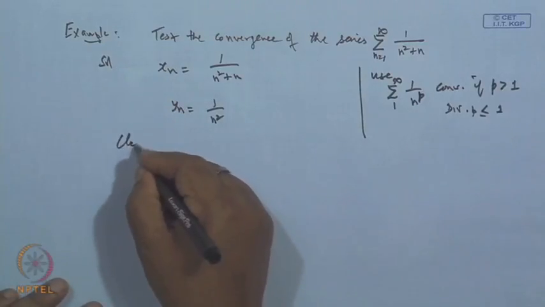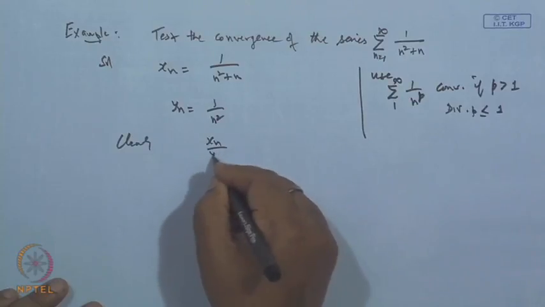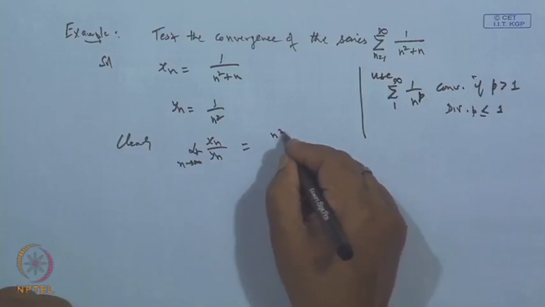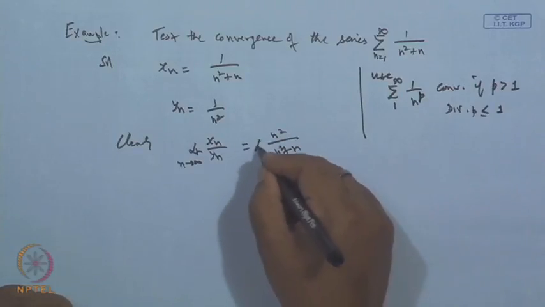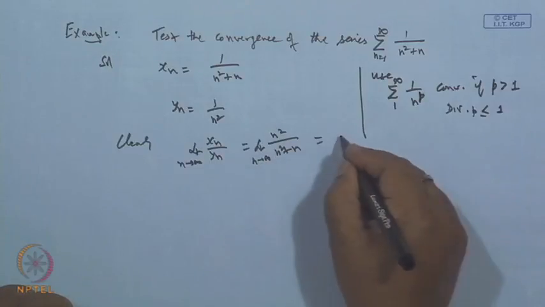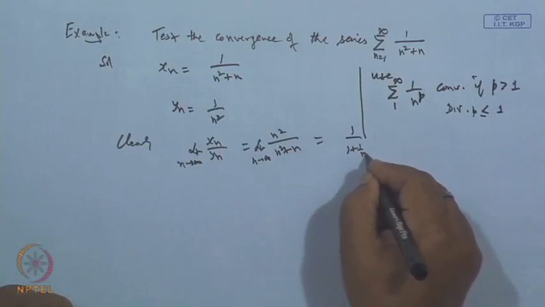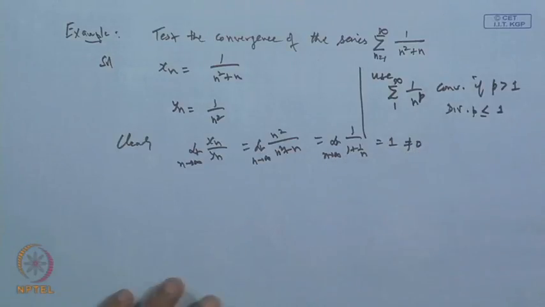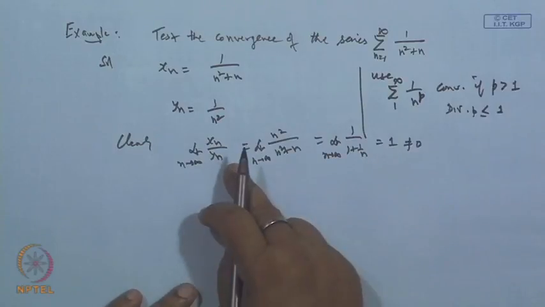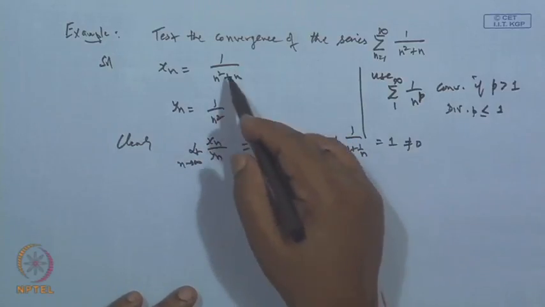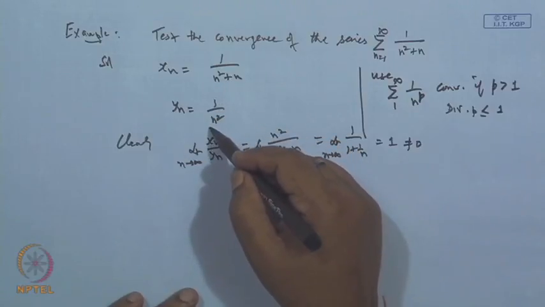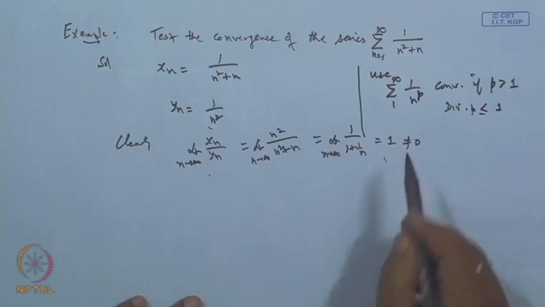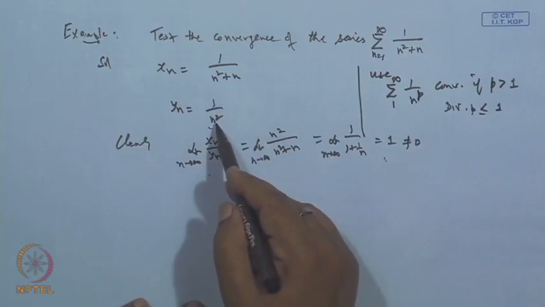So, clearly the limit of x n over y n when n tends to infinity is nothing but n square over n square plus n, divided by n square, so 1 over 1 plus 1 by n, limit as n tends to infinity, and this limit is 1, which is different from 0. So, what we see here is that if x n and y n are both strictly positive sequences of real numbers such that the limit of x n over y n exists and is different from 0, then this series is convergent if and only if that series is convergent.